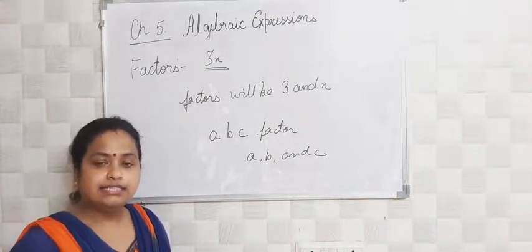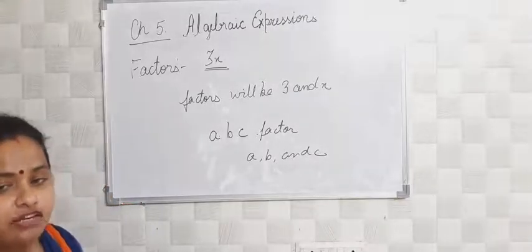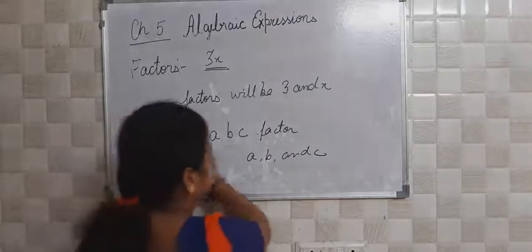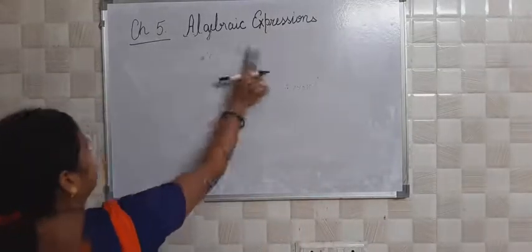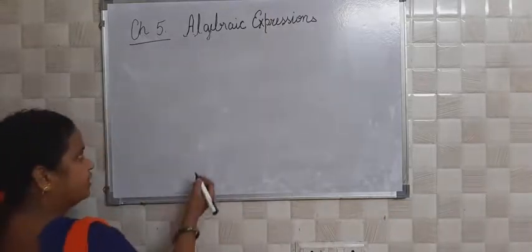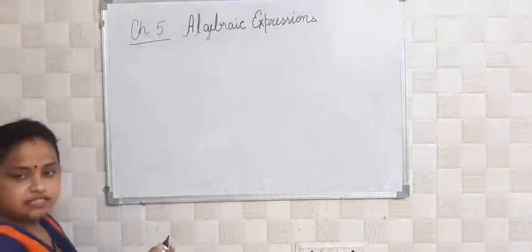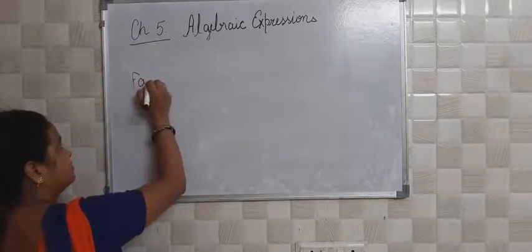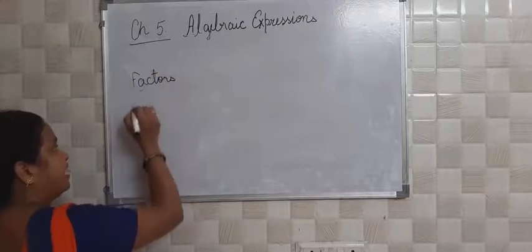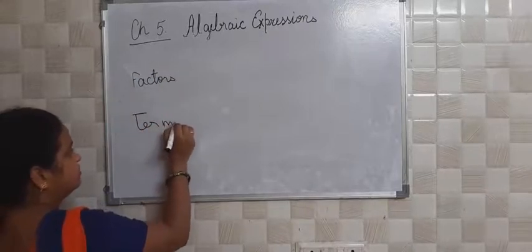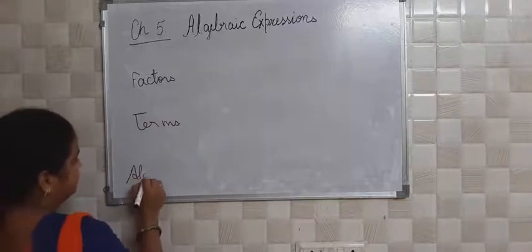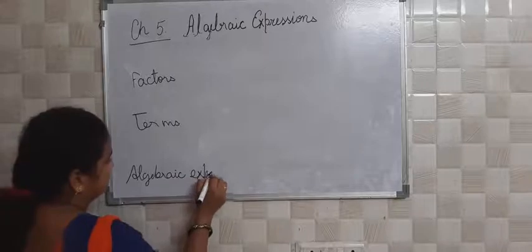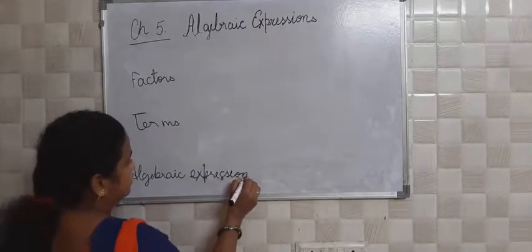Now let us make a chart for it, then it will be easy for you to understand. When we are talking about algebraic expressions, firstly there are factors. After factors come terms. After terms comes the algebraic expression. What does it mean?